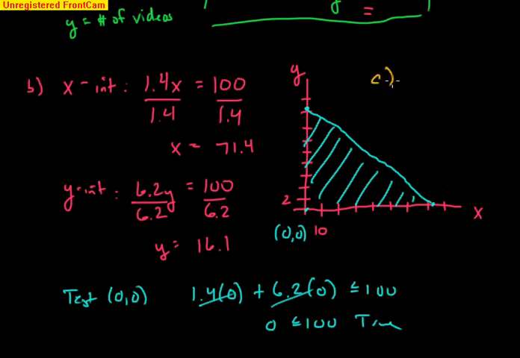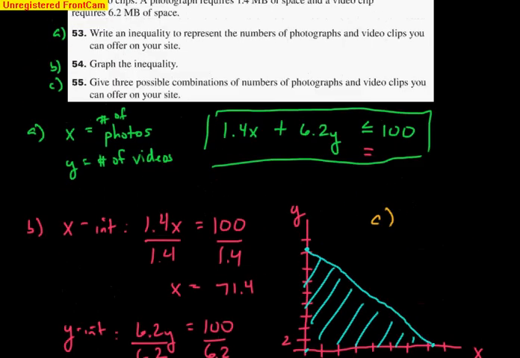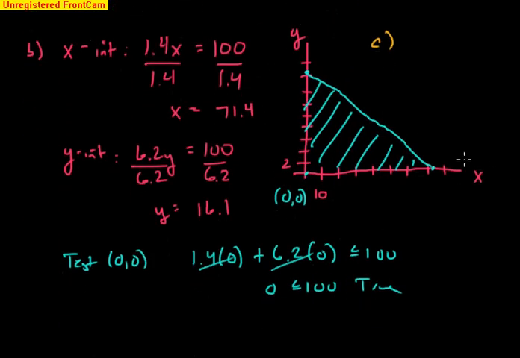So then C says, okay, give 3. Well, we're going to give just 1. And any solution is any point in this space. So come up with a nice point. I'm going to go right here and right there. That would be 10, 20, 30 for x. And this would be 2, 4, 6 for y.